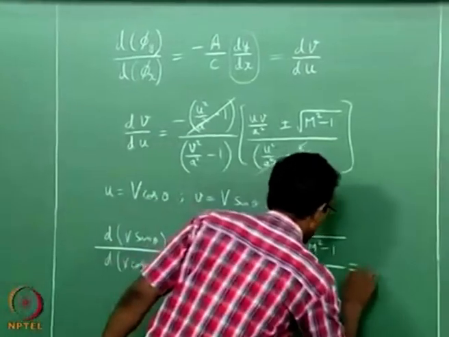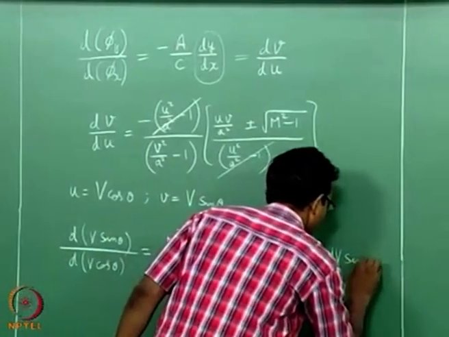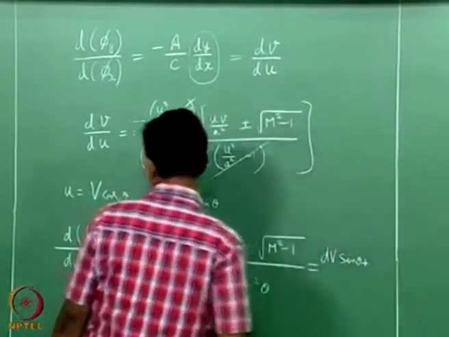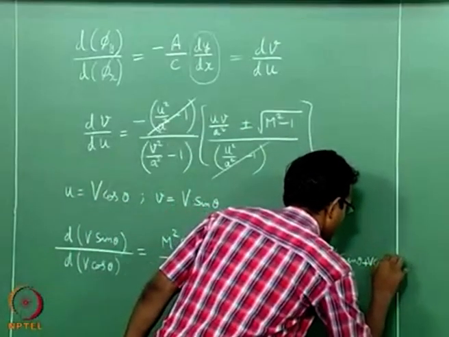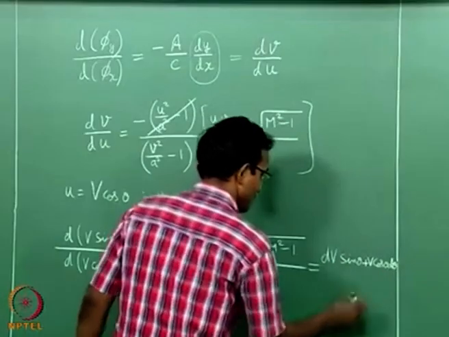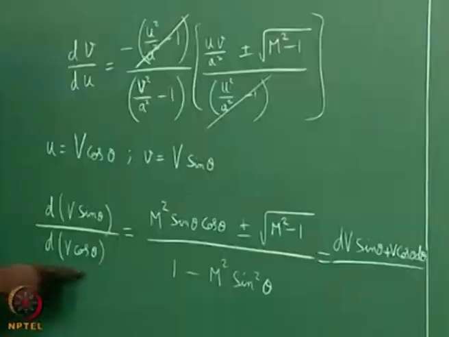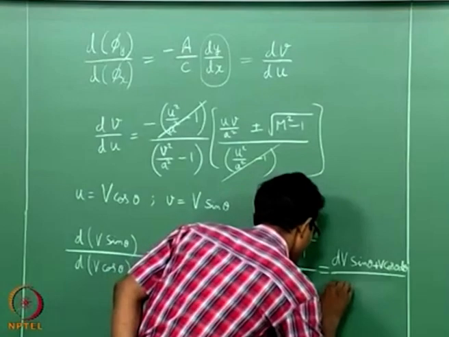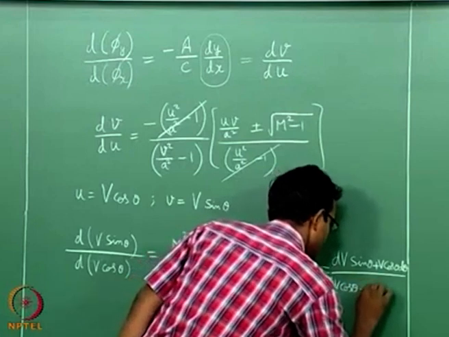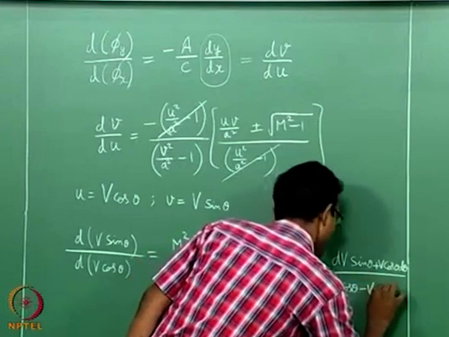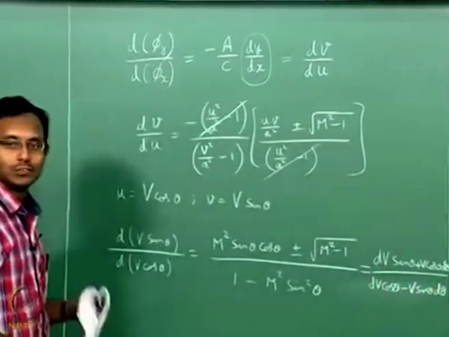I will just put it here, it will be dv times sin theta plus cos theta v cos theta d theta, divided by, similarly I have to do differentiation by parts again on this one, dv cos theta minus v sin theta d theta. This is what it should be.